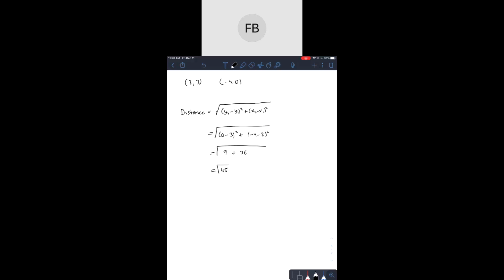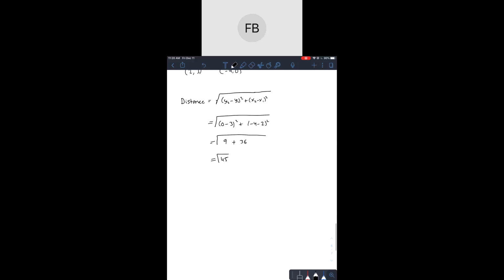And then from here, you can't really get the square root of 45. So we have to do this technique, which you absolutely have to do. You can't just leave it like this, because in this class in particular, it isn't accepted. So basically, we're going to find a number that does have a square root in it. You have to find two factors of 45, and one of them has to be a perfect square.